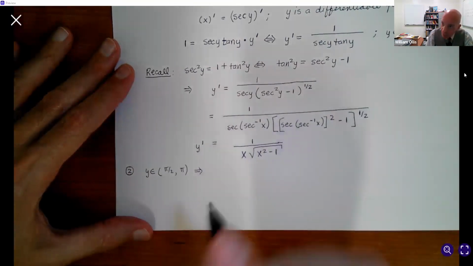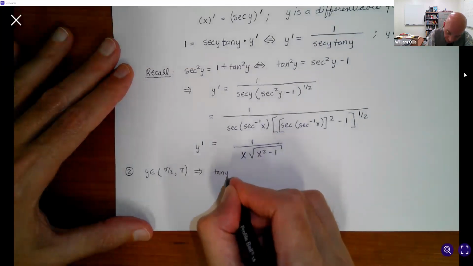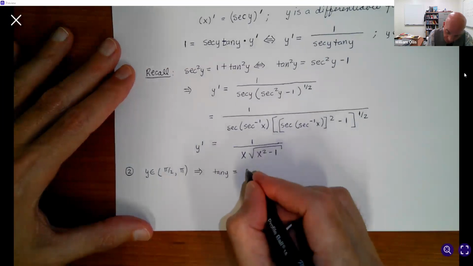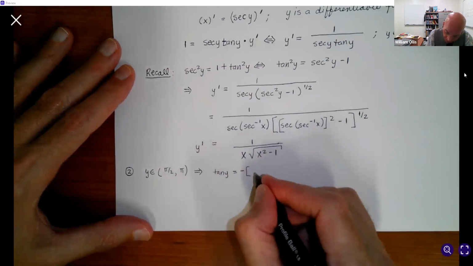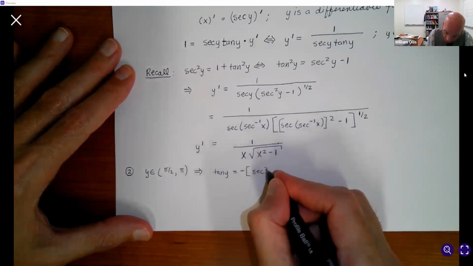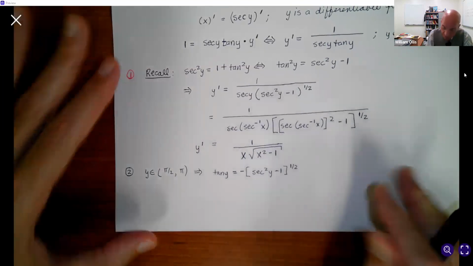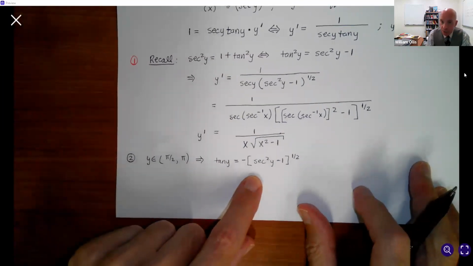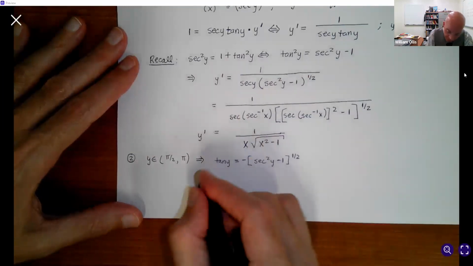That is, we need the negative sign, so to speak. So tangent of y will be replaced with the additive inverse of secant squared y minus 1 to the 1/2. So we have to choose that particular sign of the radical. And now we don't have to repeat all of this.